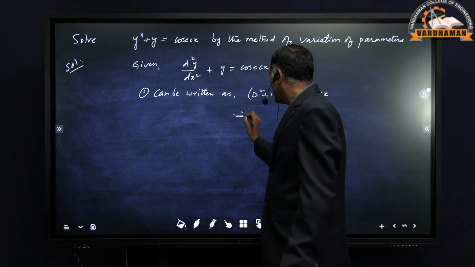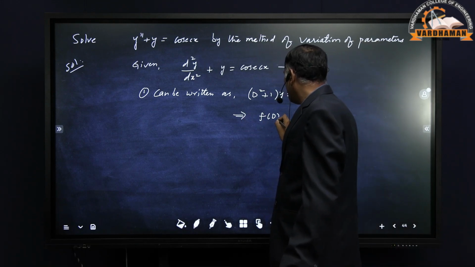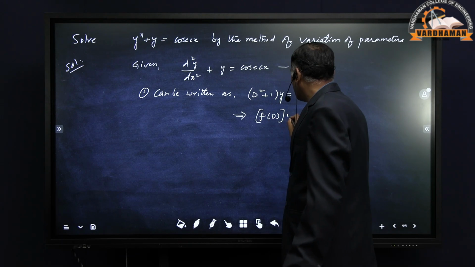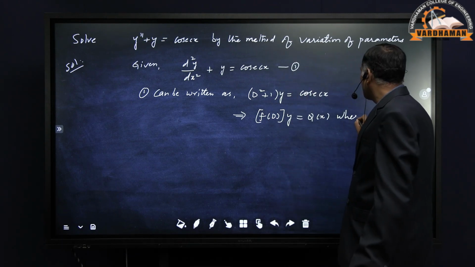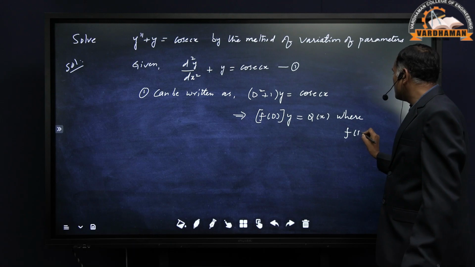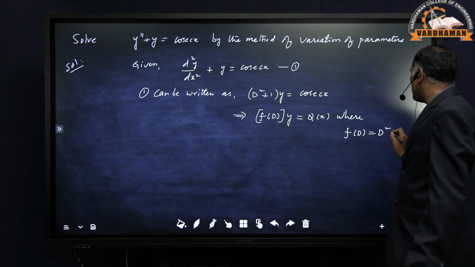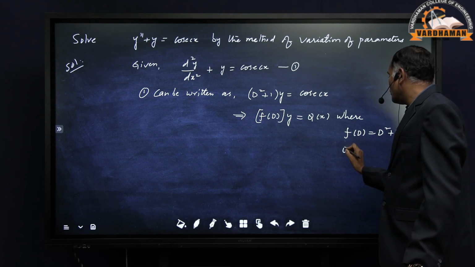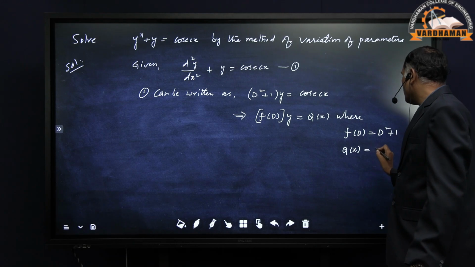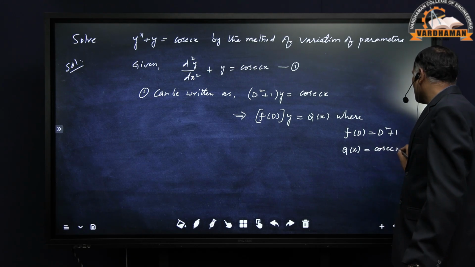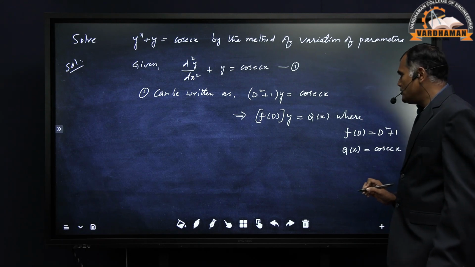Now here we take this as f of D. It is a polynomial in D where f of D is D square plus 1 and q is cosecant x. D is nothing but the differential operator.